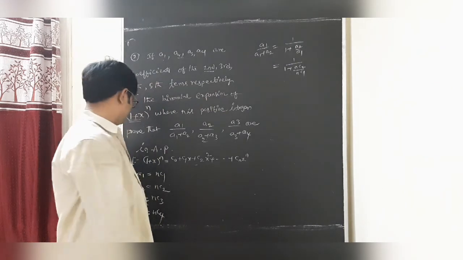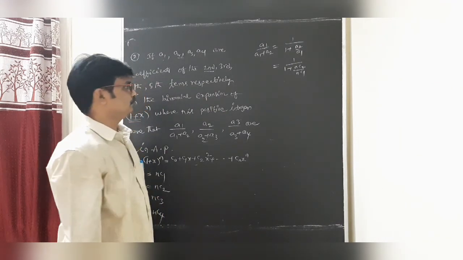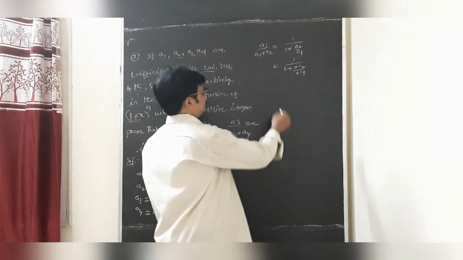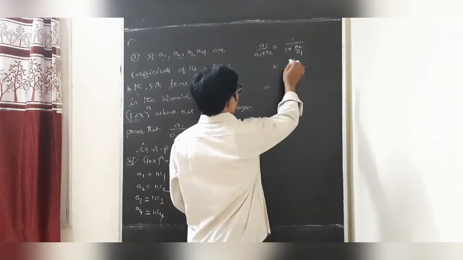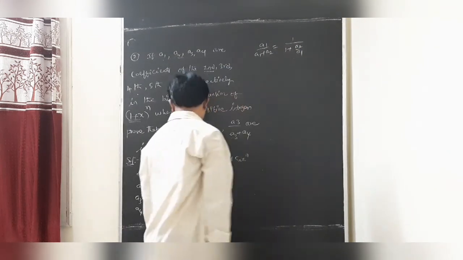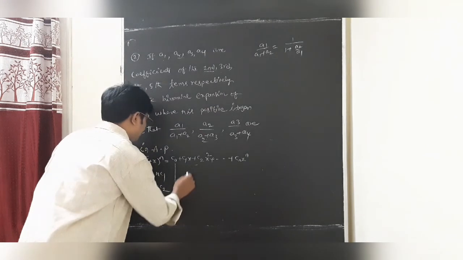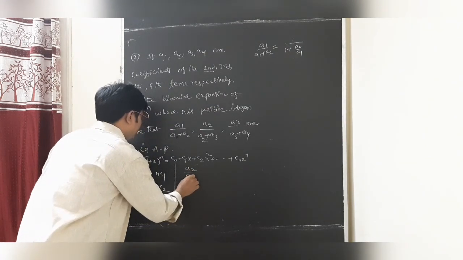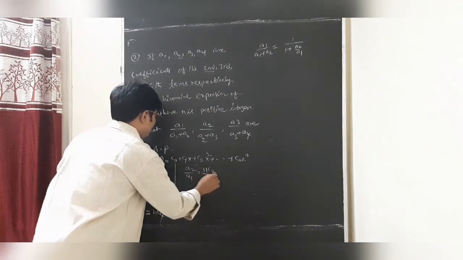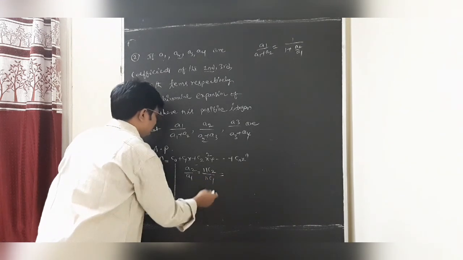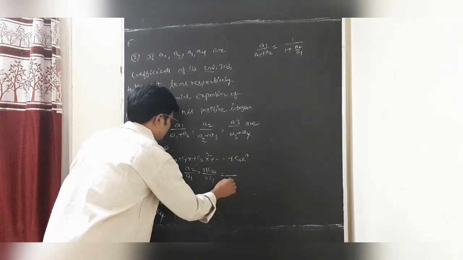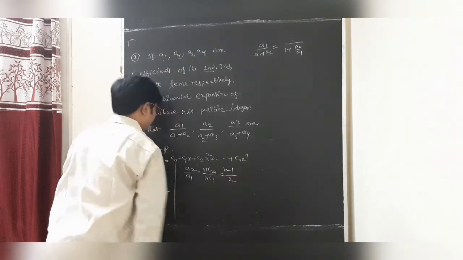A2 by A1 is NC2 by NC1. First of all, we have to find A2 by A1. NC2 upon NC1, the suffix is 2, this is n minus 1 by 2.